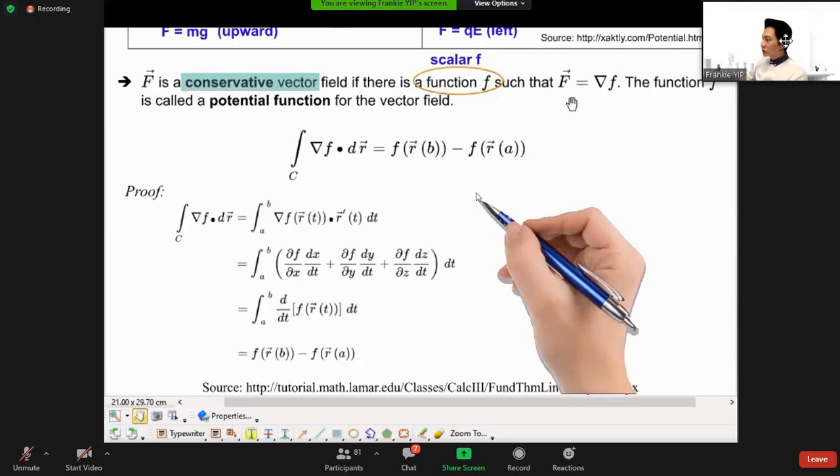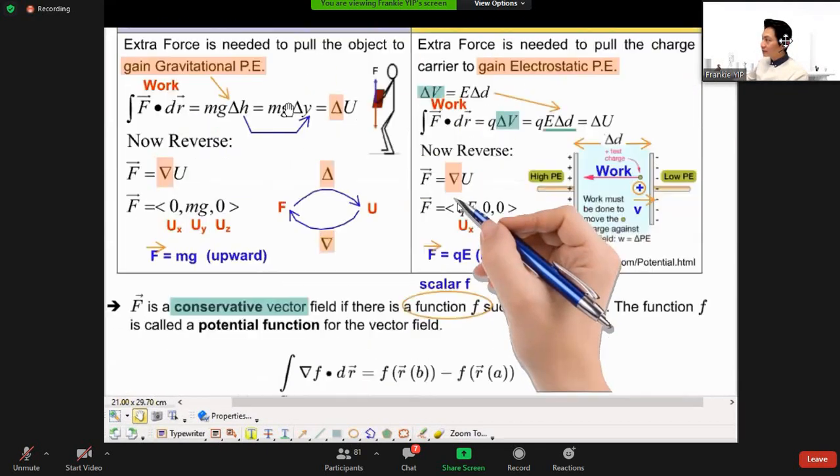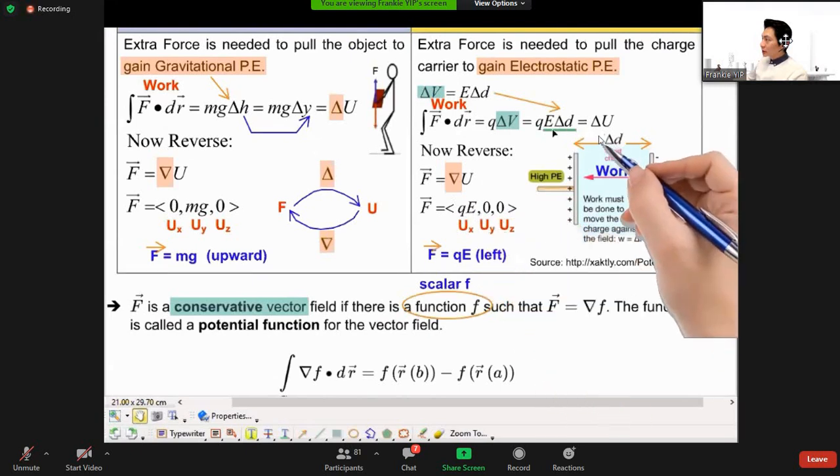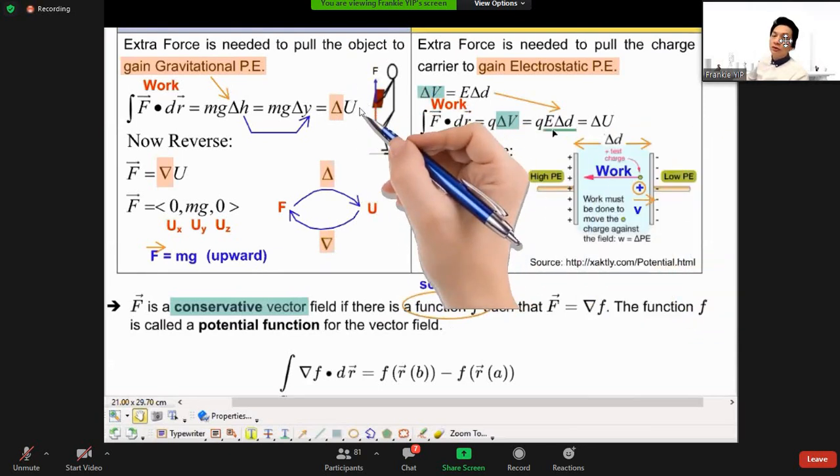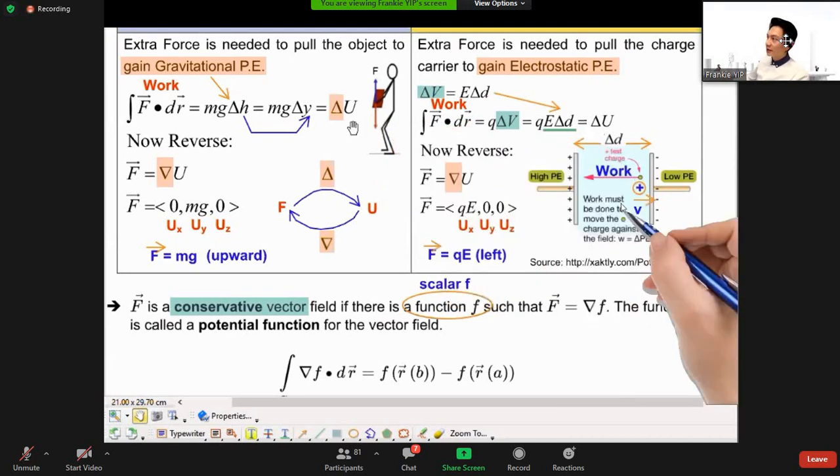And what is the benefit of defining conservative and potential? In fact, you can see that it is very easy to use delta, the scalar U, to calculate the answer. What is delta? Delta means final value minus the initial value, right?